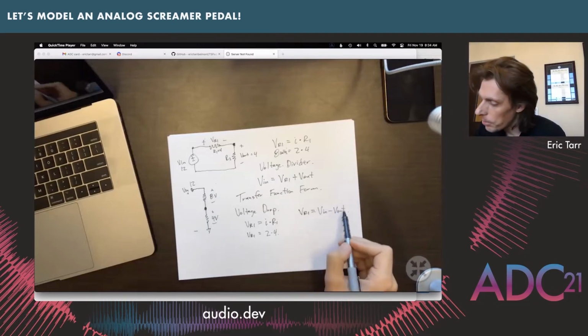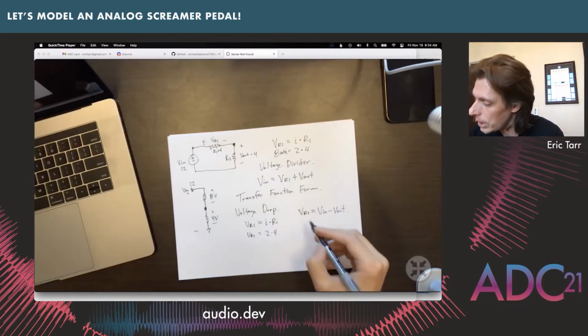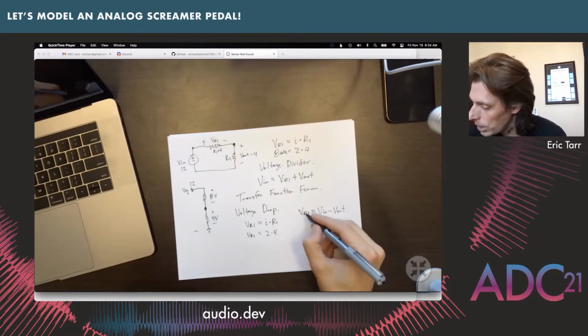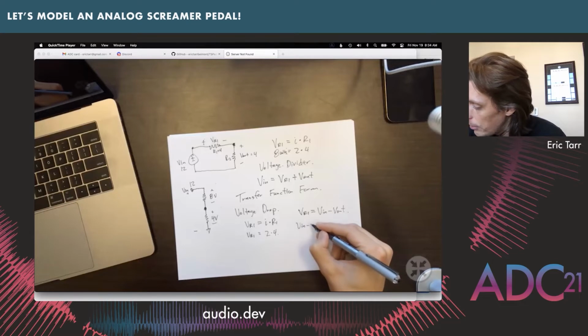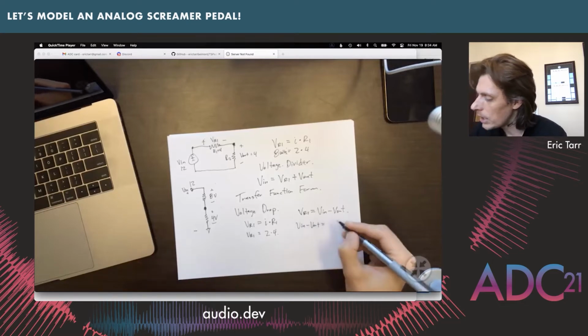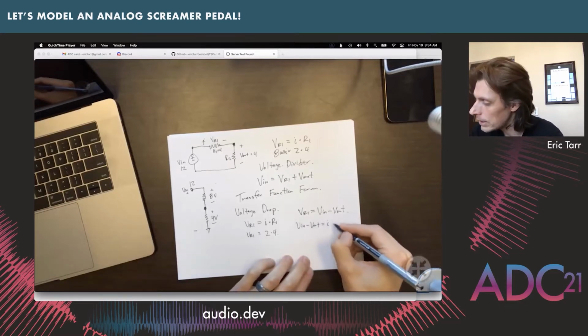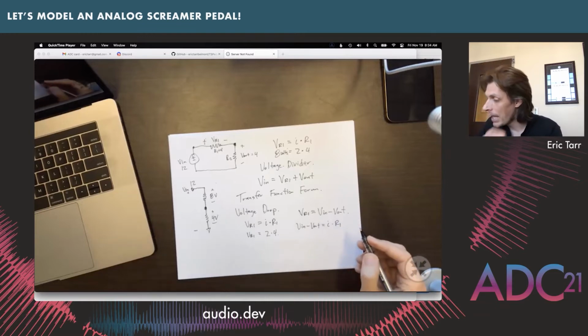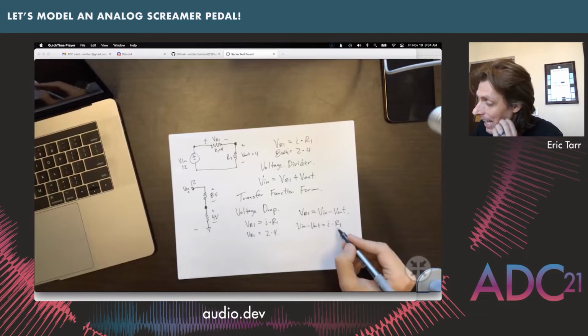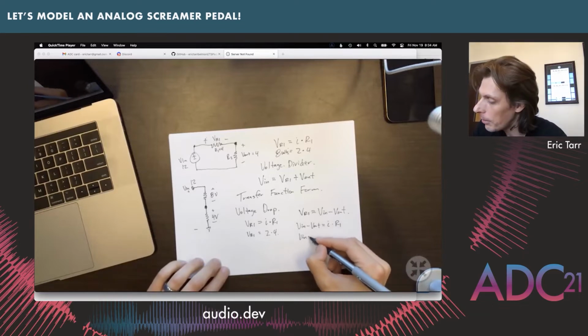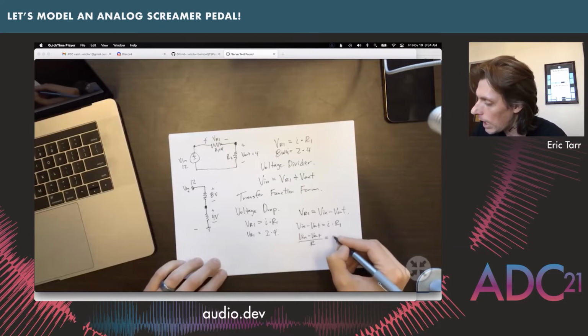Okay, so now we can plug this in over into this equation and say that we'll substitute VR1 in over here and say Vin minus Vout is equal to this current times R1. And what we'll do is solve for the current and say that I is equal to Vin minus Vout over R1.